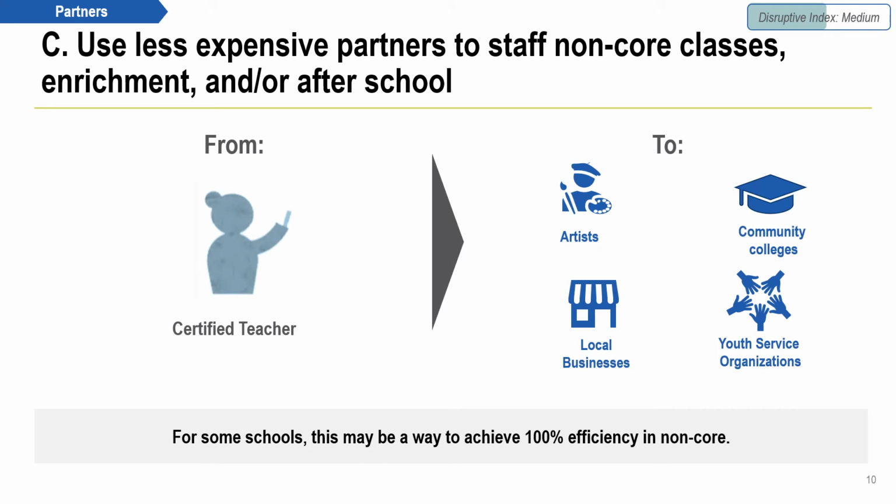Schools can use less expensive partners to staff non-core classes, enrichment, and/or after school. So for example, rather than having a certified teacher, a school could bring in artists, community colleges, local businesses, and youth service organizations to provide a wider array of offerings to students. For some schools, this may be a way to achieve 100% efficiency in non-core instruction.